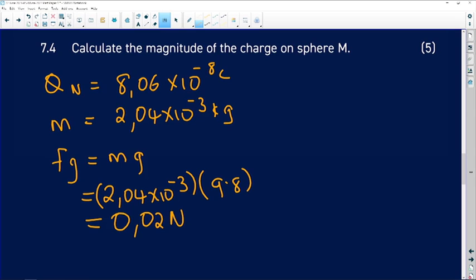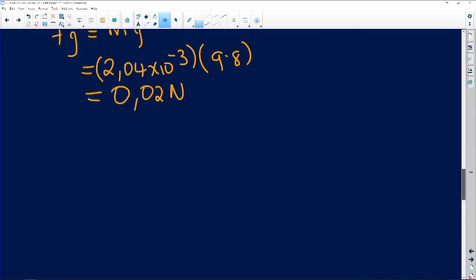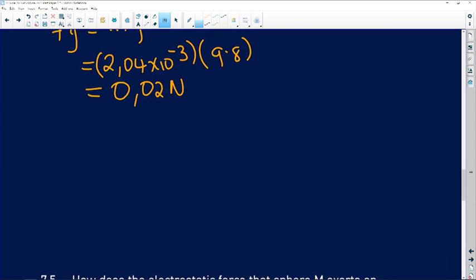And therefore now I can go and calculate the charge. So I have my formula as F equals K, Q for M and Q for N, and therefore we divide by R squared.